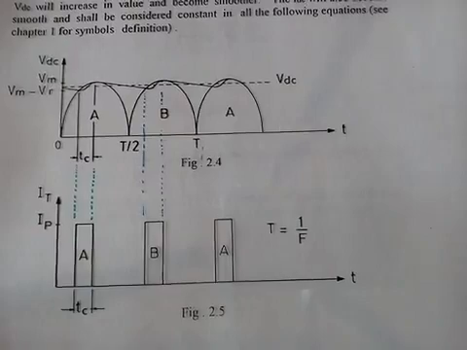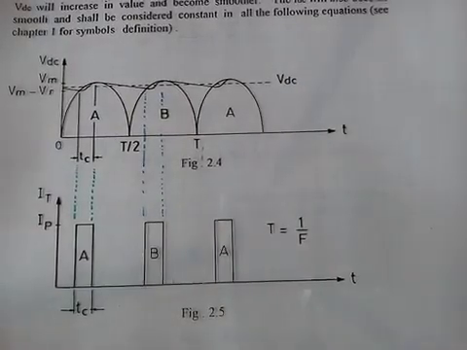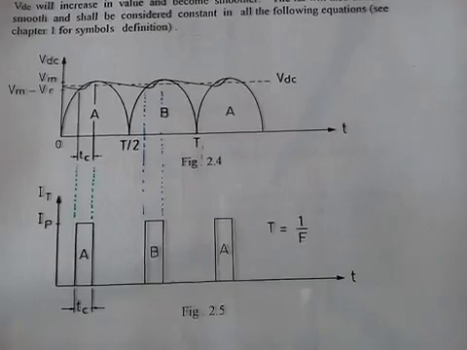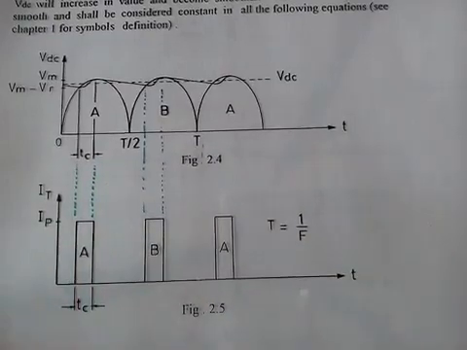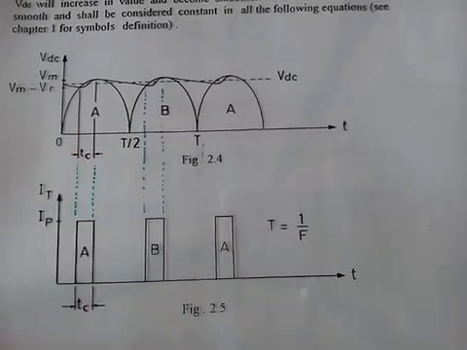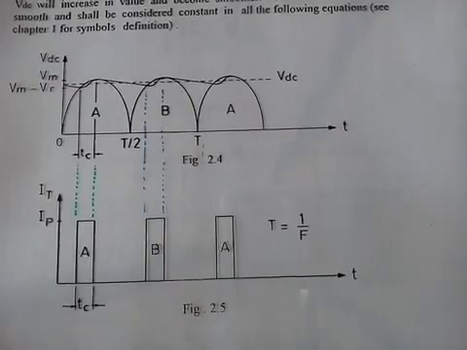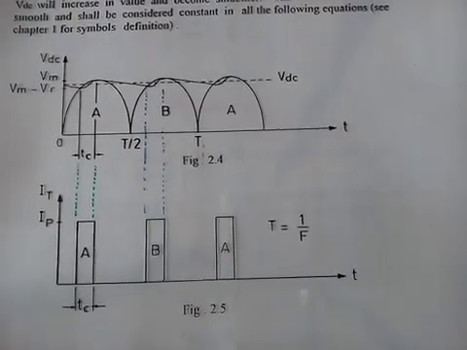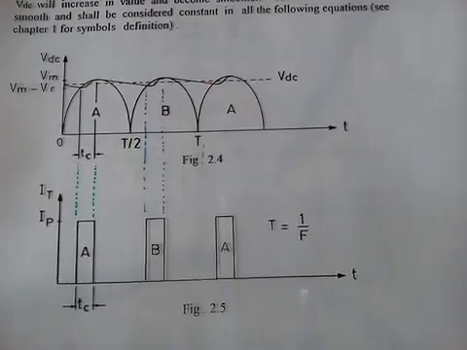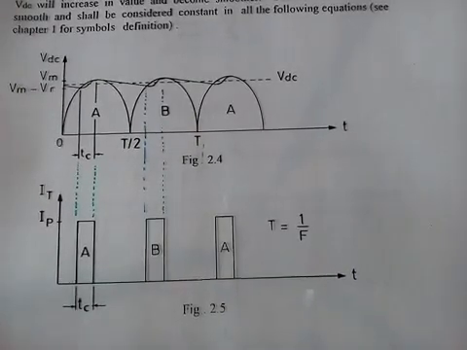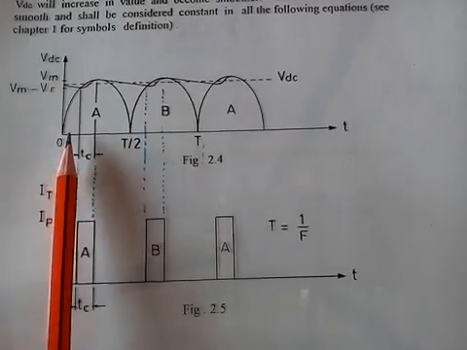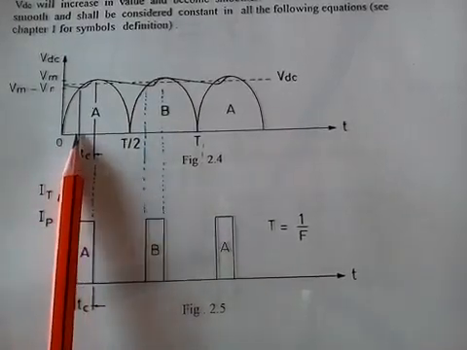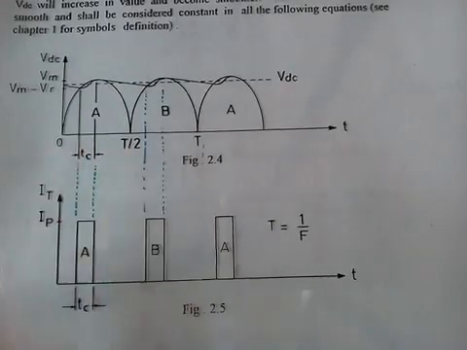Now we continue our analysis, but we are going to use our storage element now to smooth the output across the load. When we use that storage element, we are going to stress the transformer a bit more. Why is that? Because the transformer is going to be operating for only a short duration, which is TC, the conduction duration.